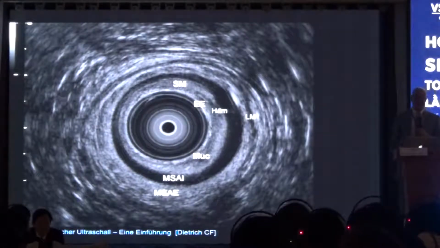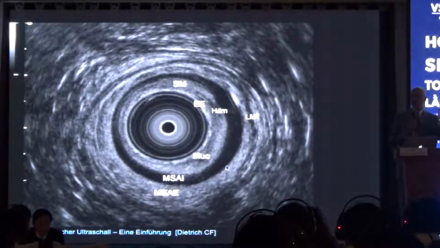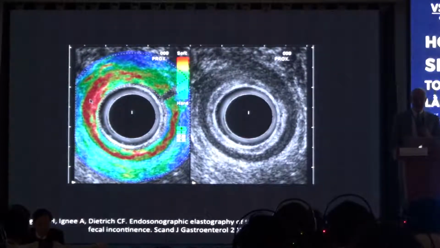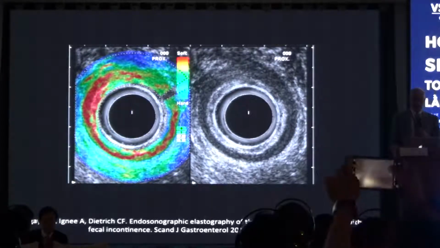Rectal sphincters. Here you can see the inner and the outer sphincter. But sometimes we are not sure about the fibrotic changes of the sphincter. So here you can see that the inner sphincter, the dark one, is often softer, and the outer sphincter is often heterogeneous with intermediate stiffness.